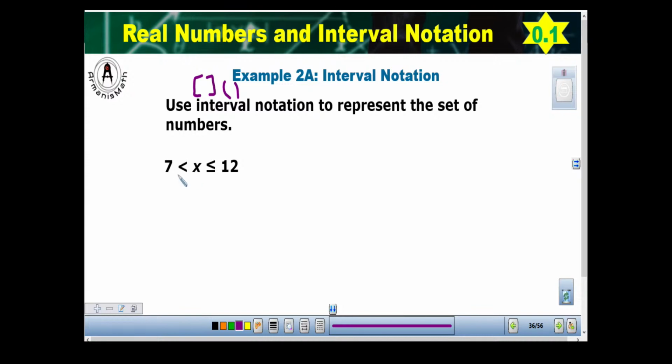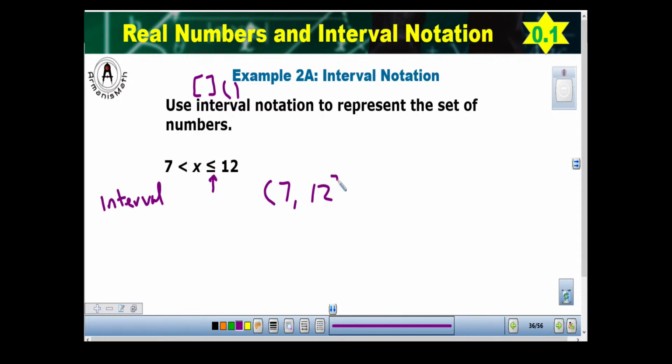It says x is greater than 7. Does that include 7? No, it doesn't. So I will have to use brackets and parentheses. I could say it's not including the 7. That's my lowest endpoint, the least, all the way to 12, but I have to read it carefully because it says you could be less than or equal to 12.